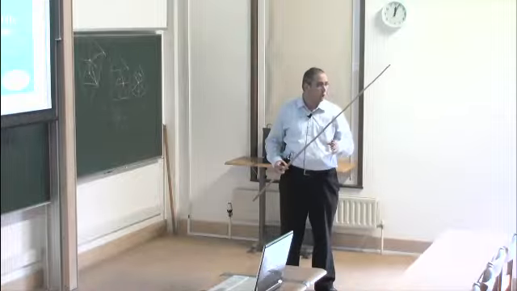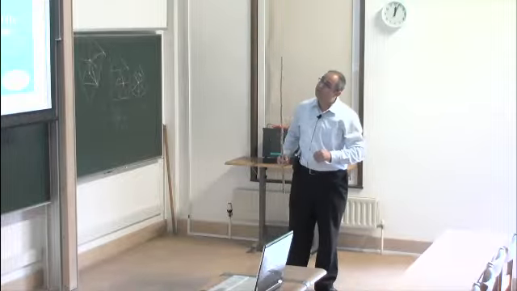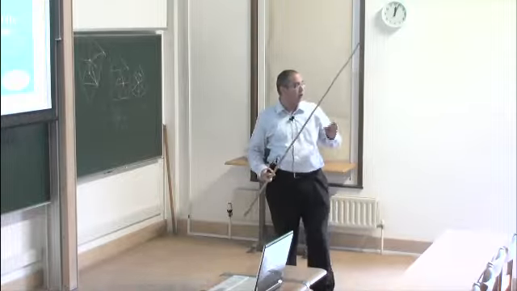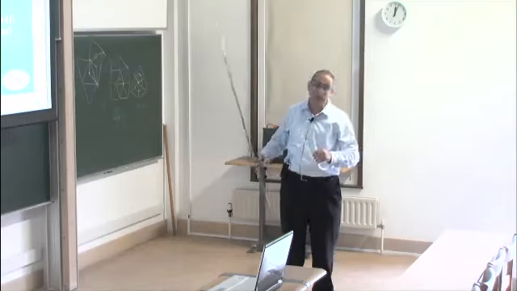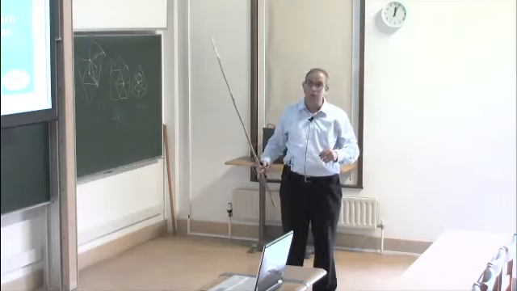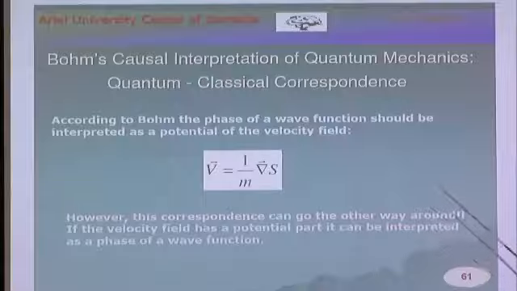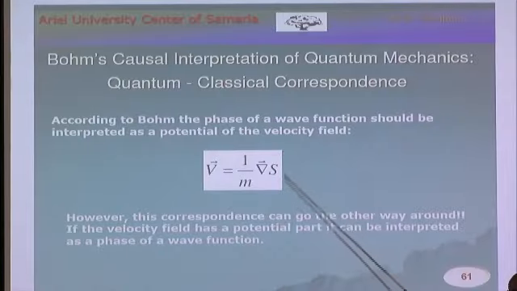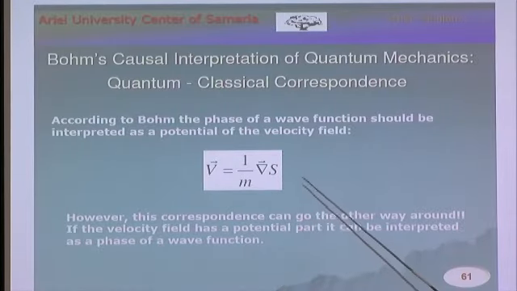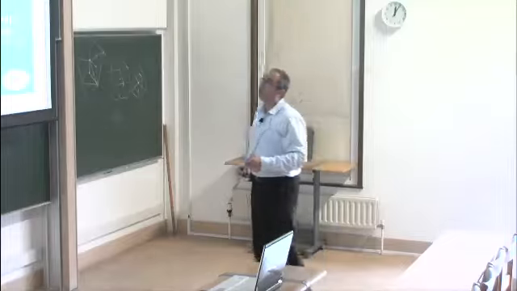David Bohm was not happy with that, and he said that yes, there are trajectories to the electrons, and there is a velocity field to the electrons, and the velocity field is connected to this S through this gradient. So the phase of the wave function should be interpreted as a potential of the velocity field.